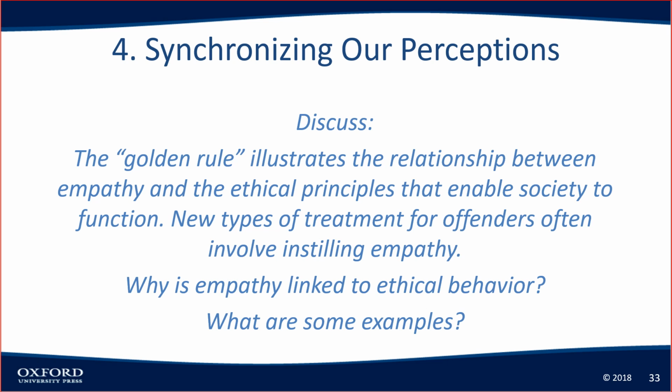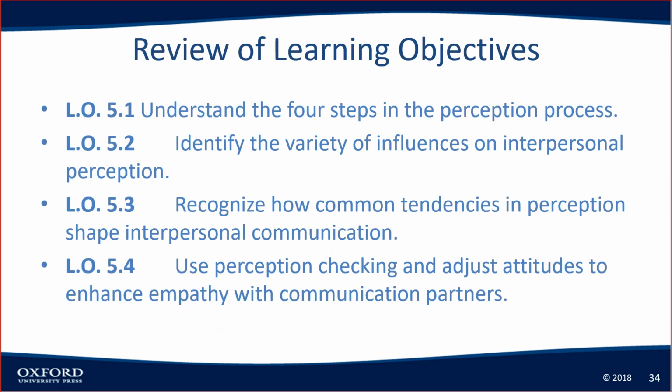Jot them down. So in this chapter, we understood the 4 steps in the perception process. We looked at a variety of influences. We recognized some of those common tendencies that shape our communication, interpersonal communication process, and learning to do some perception checking. Check yourself, be accountable.